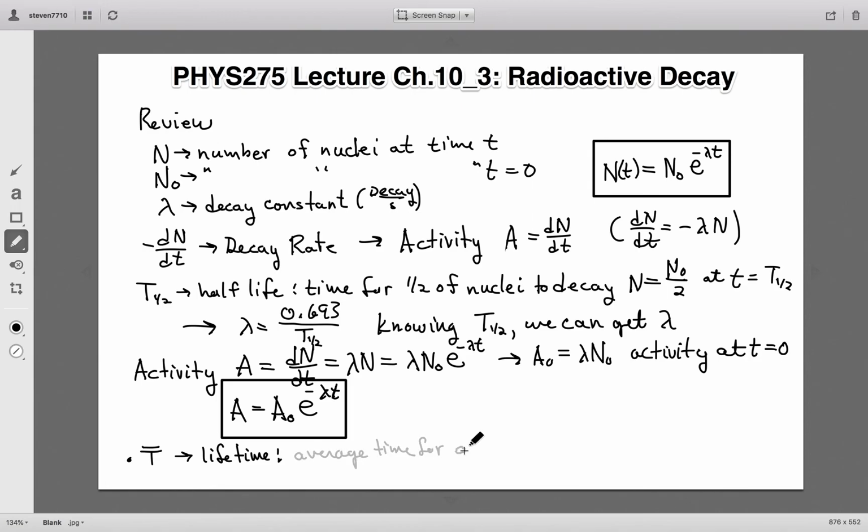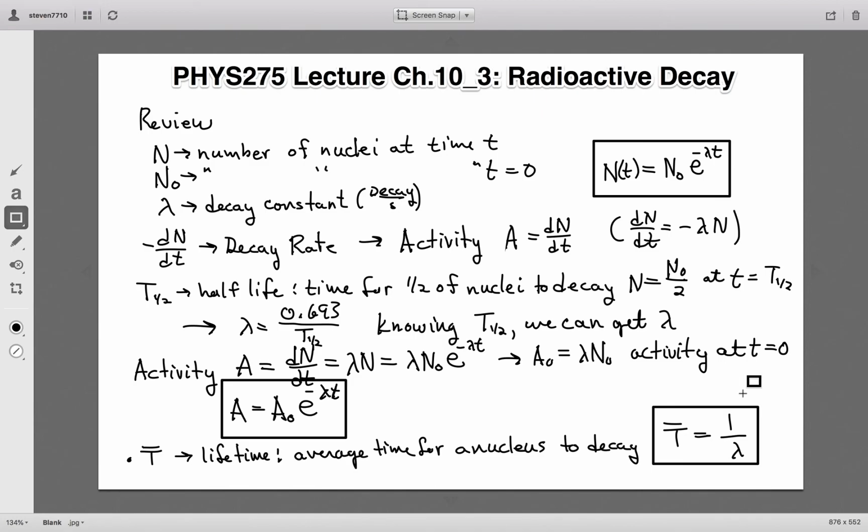It's going to depend upon the type of substance. You can make the argument pretty quickly that it's just the inverse of your decay constant. Hopefully you have these all jotted down now.